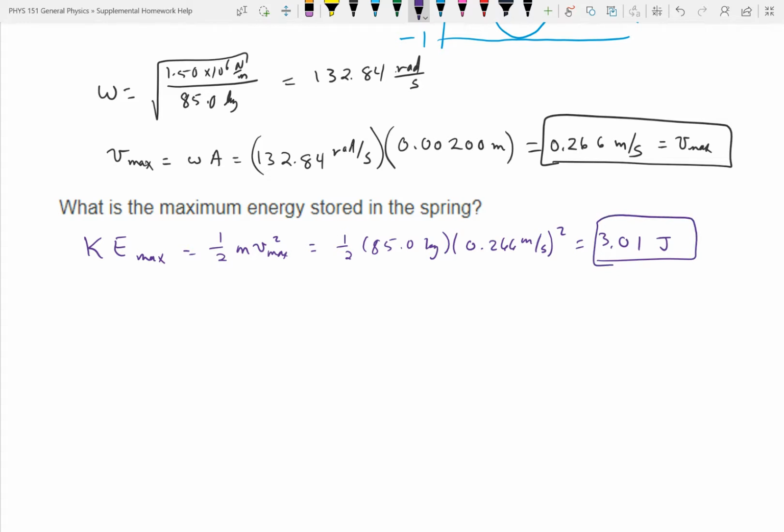So that's one primary way of doing it. The other primary way of doing it is potential energy maximum.